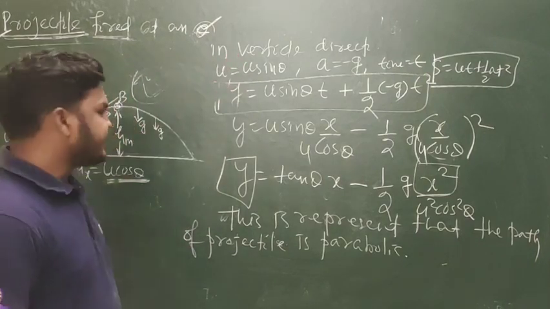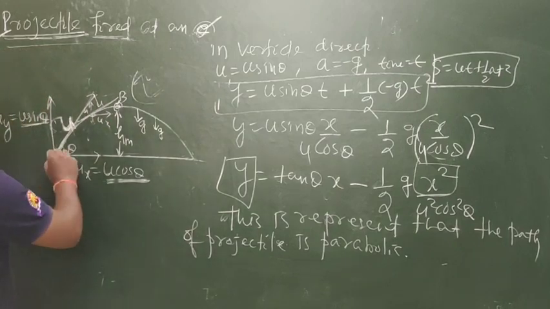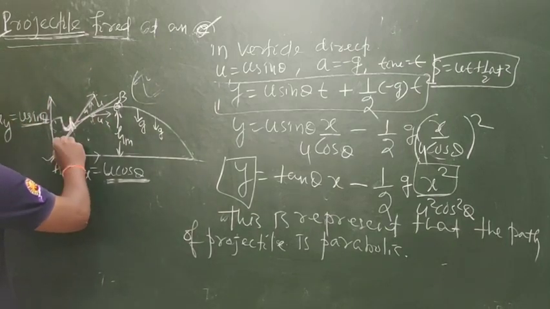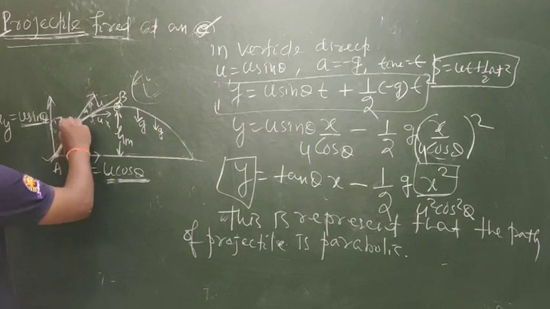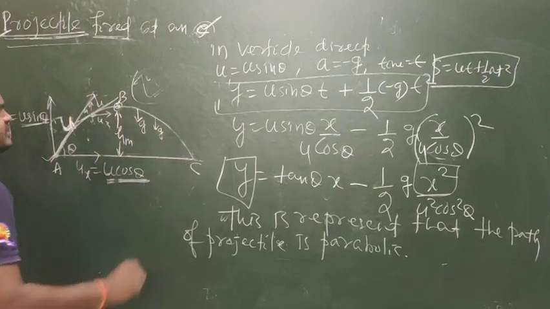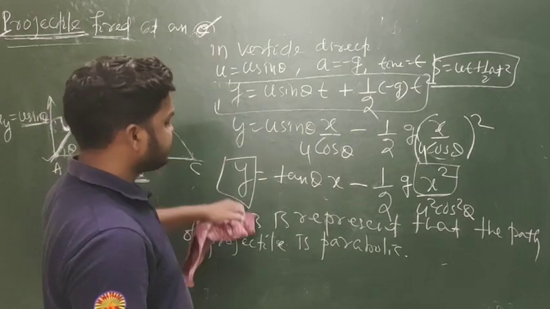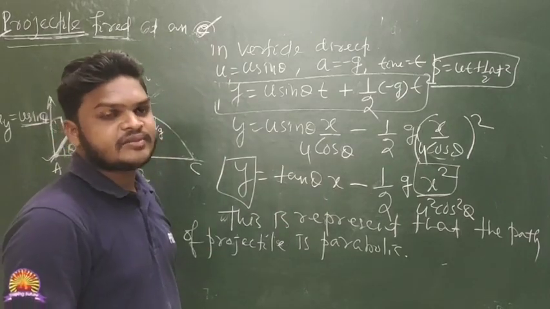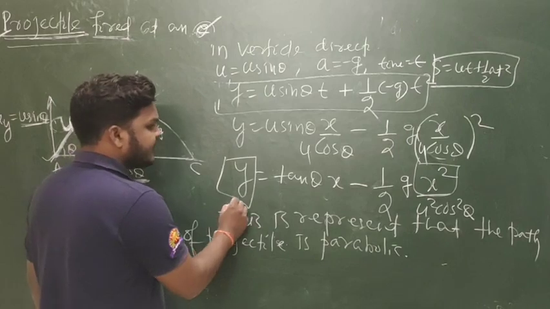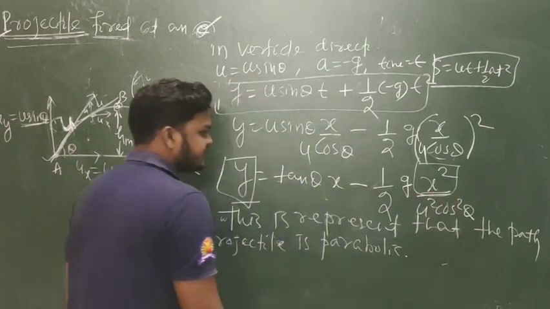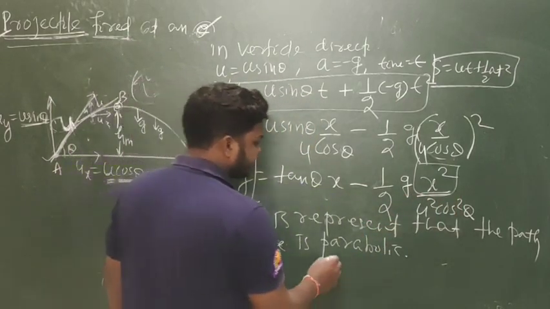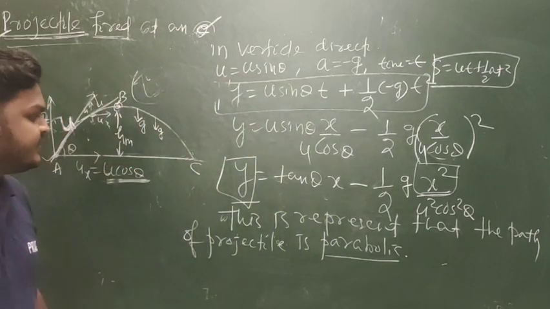Clearly understood. So time of flight is the time required by the projectile to move from A point to, suppose, this is C point. So this is the first equation, the equation of trajectory, which represents the y coordinate and x coordinate. That means it represents the path, and the path of the projectile is parabolic.